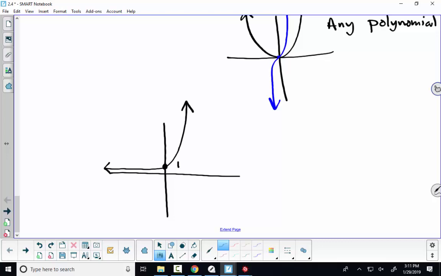Okay, yeah, not log, but the latter, the e to the x, right? This could be e to the x. Any exponential function, a to the x. Notice we have different end behaviors for that, because as x goes towards positive infinity, the function values get larger and larger. But as x goes towards negative infinity, the function values flatten off to 0.